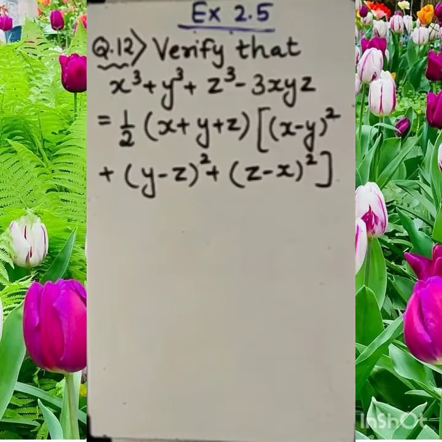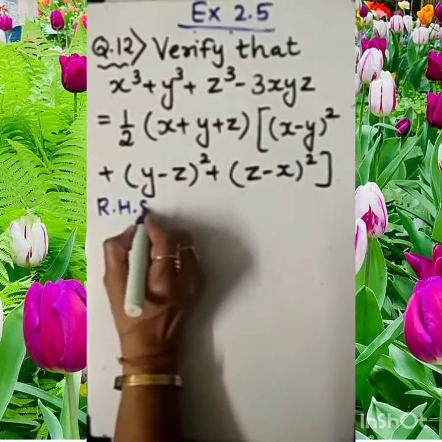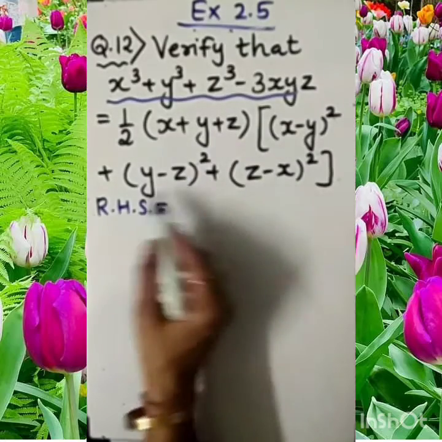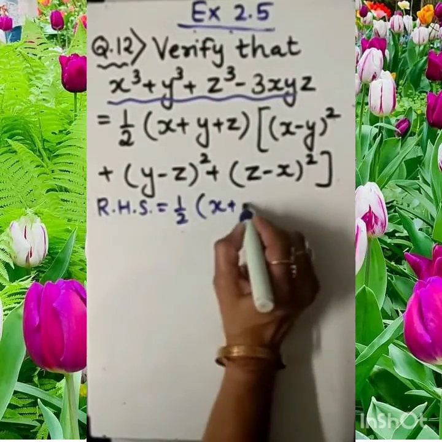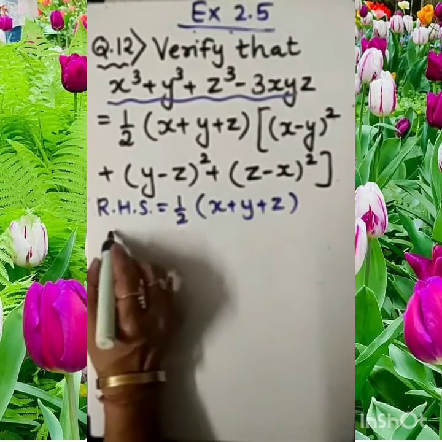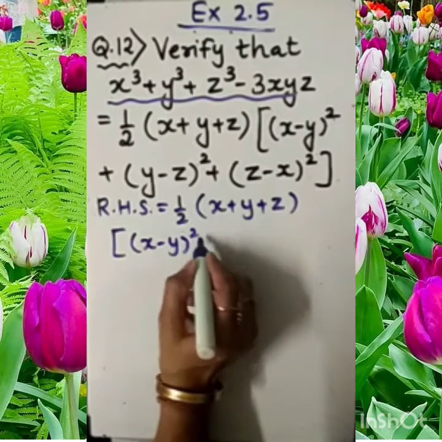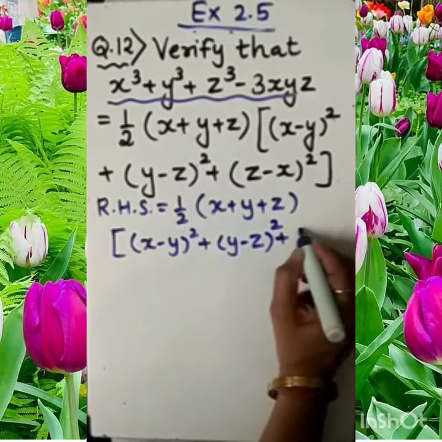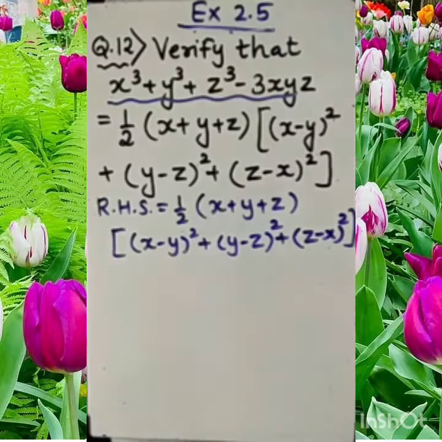So here we are going to begin with RHS. Here you can see two parts: this is LHS and this is RHS. So I am starting with RHS and let's try to solve. First, what we are given, I am mentioning it here. It's not possible for me to write all in the same line, but you also mention it properly in the same line.